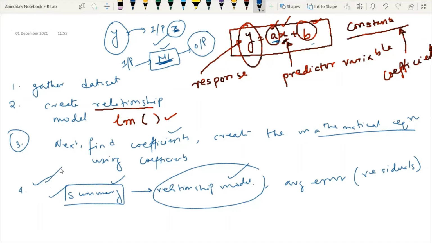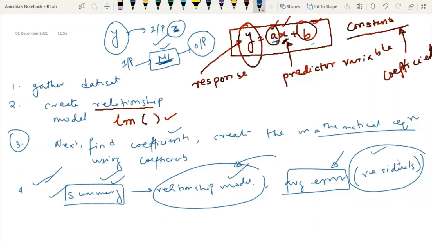So at the fourth step, we are finding the average error encountered by this relationship model, and the average error encountered by any relationship model is also known as residuals. At the fourth step, we are going to use the summary function in order to get the residuals. And what is the fifth step? At last, finally, we will predict.